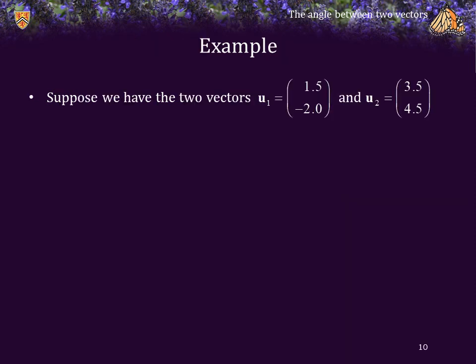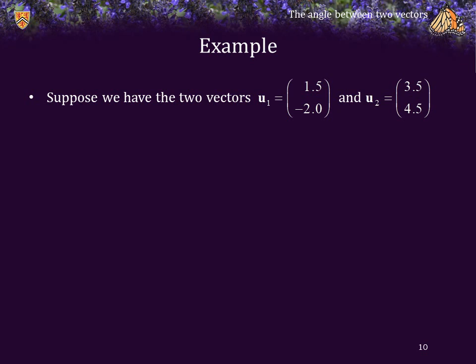Now, suppose we have two vectors u1 and u2. We can see that these two vectors are not normalized, as they both have entries greater than 1. Also, we see that they are not orthogonal, for the inner product is 5.25 minus 9, which is not equal to 0.